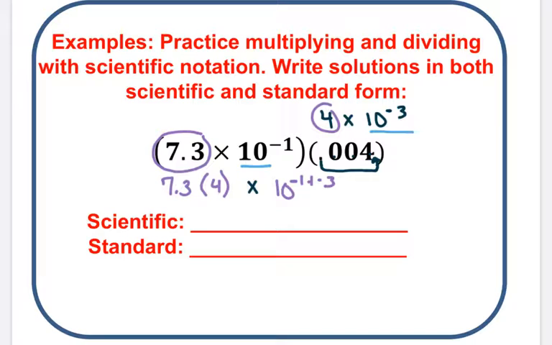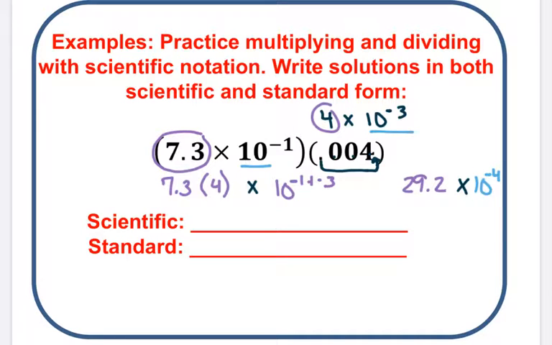So 7.3 times 4 gives me 29.2. And then I would add those exponents. So I would get 10 to the negative 4.